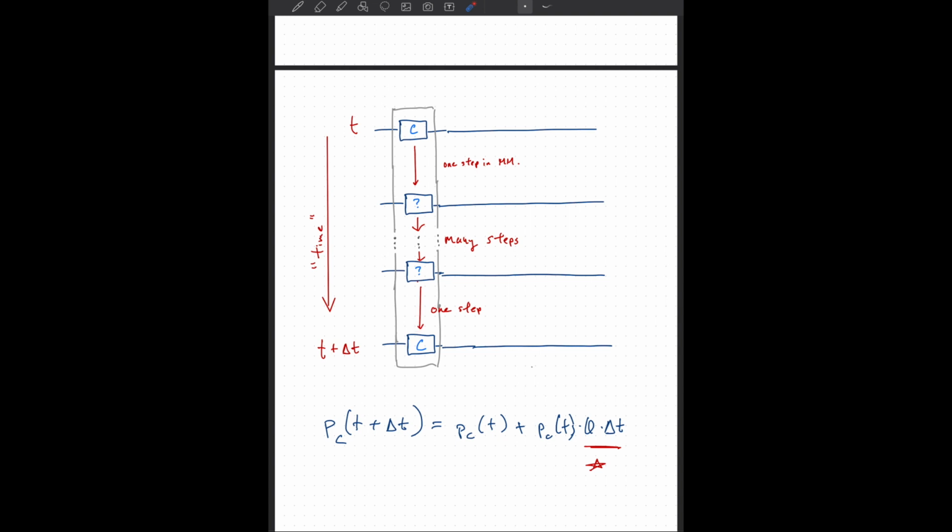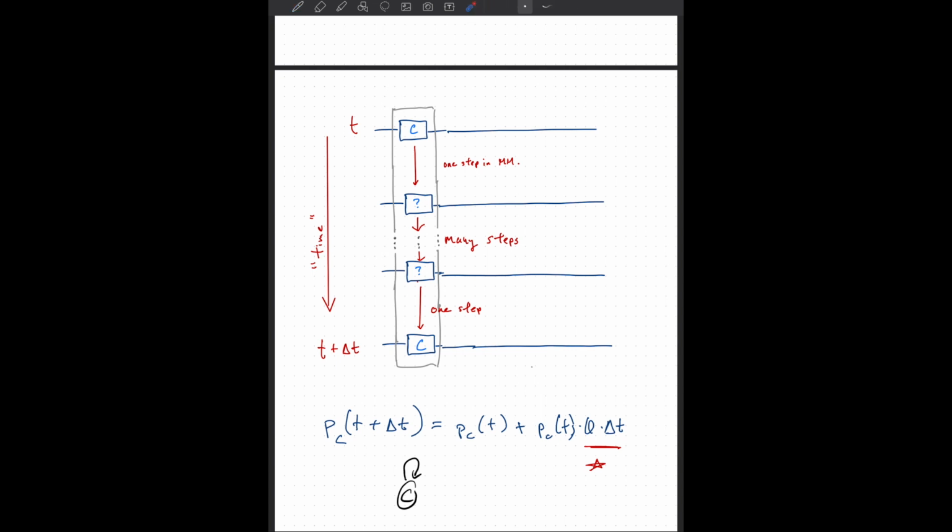Now, let's go through this. What could happen? I'm in state C, and I stay in state C the whole time. I could just be walking through that Markov model, continually taking that self loop. That would be the equivalent of staying the whole time in state C by taking that self loop.